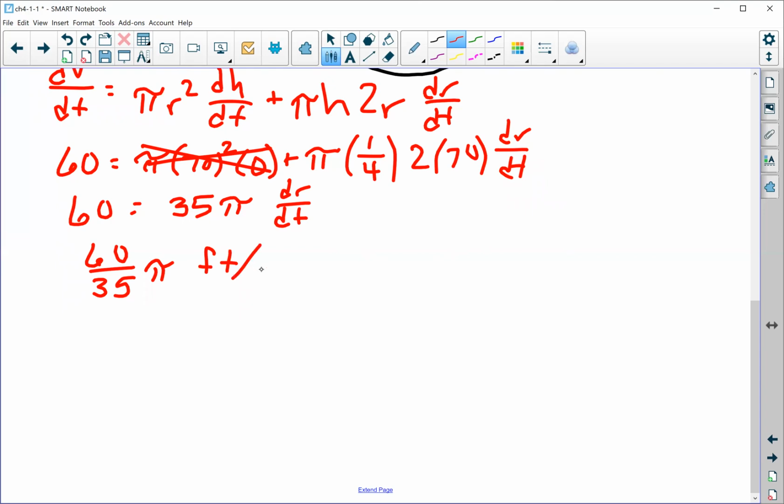If this were the AP exam, I would not need to simplify or reduce. Felt the need to do that. Actually, I want to rewrite this a little bit because the pi is actually in the denominator.